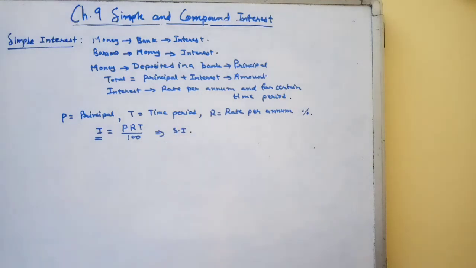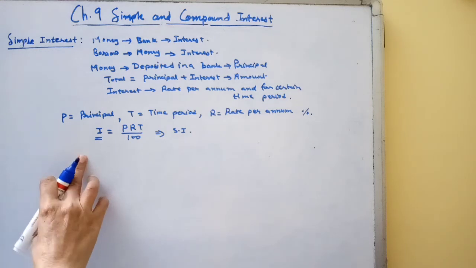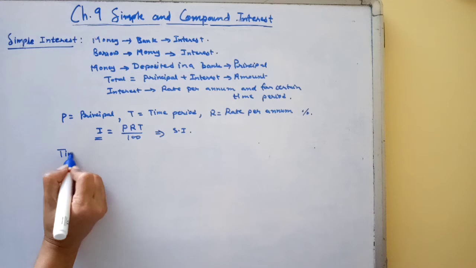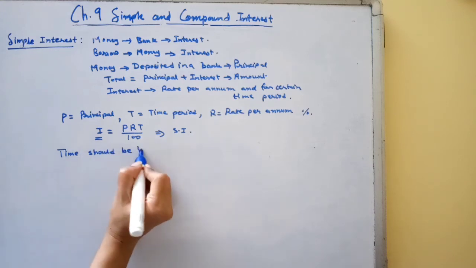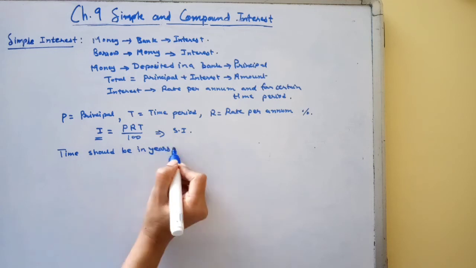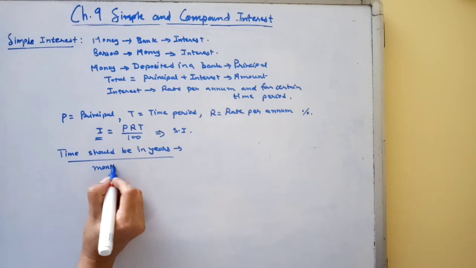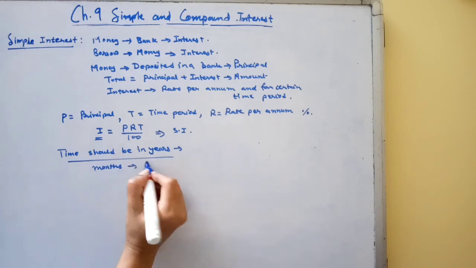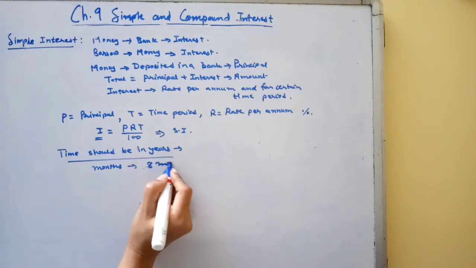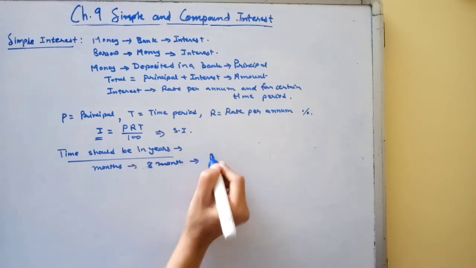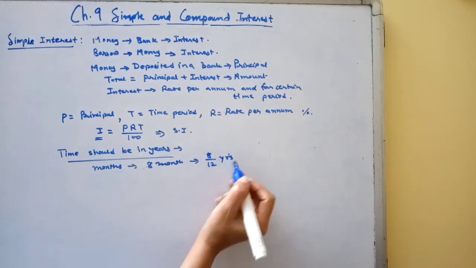Now, using the formula, keep the following in mind. Time should be in years. So, when the time is given in months, suppose 8 months, then we convert 8 into years by dividing by 12.